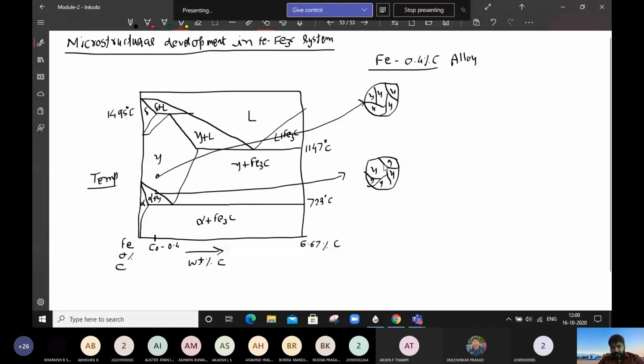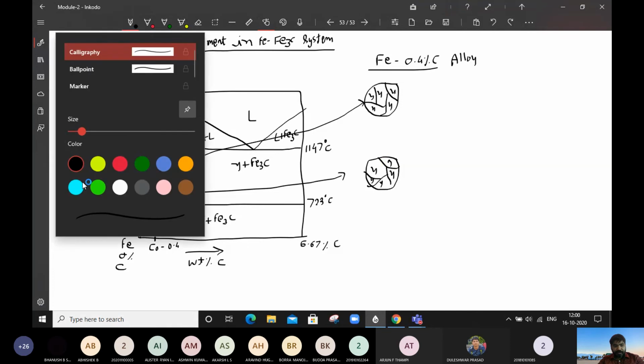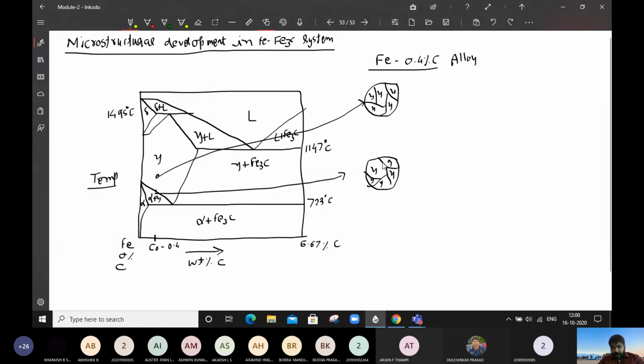You can see here, at the grain boundary we are having, sorry, I just want to remove it. Okay, yes, done. So alpha will start appearing.